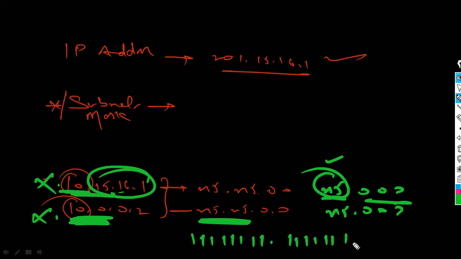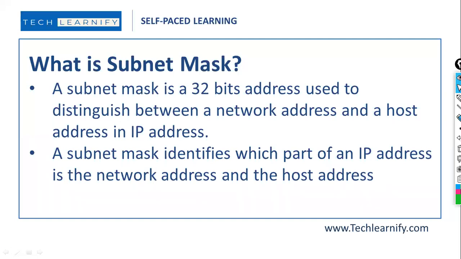And how we do that, I'm going to tell you that also, how we write it down. So that's the way this subnet mask is used. And now I believe you would mean this point. If this one, a subnet mask, it is in binary 32 bits, same as an IP address, right?